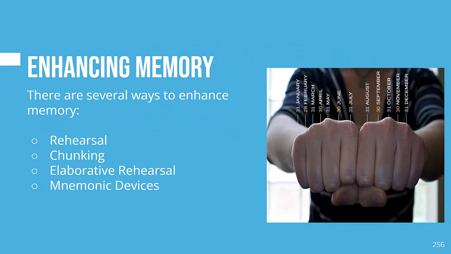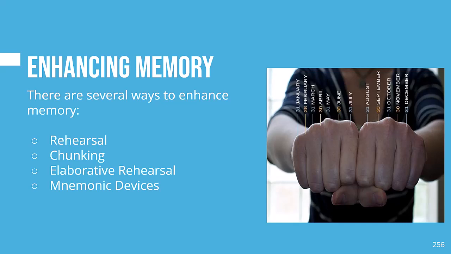Finally, let's discuss how to enhance your memory. There are several ways to enhance memory. Rehearsal, which is just the conscious repetition of information that you have to remember. Chunking, which is organizing information into manageable bits or chunks, like separating phone numbers into 3 chunks, right?